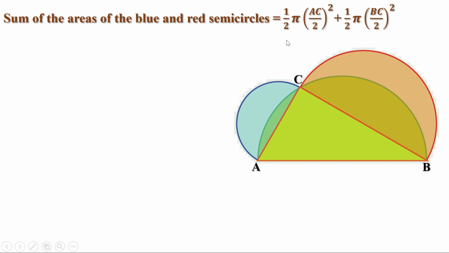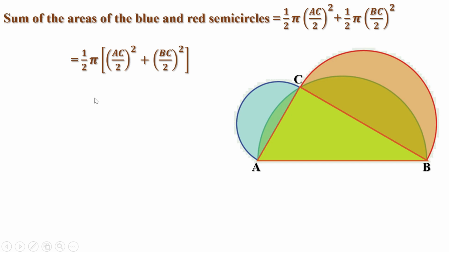And the sum of the areas is half pi into AC by 2 all square plus half pi into BC by 2 all square. Half pi is common in both the terms, so we can take it outside and write it as half pi into AC by 2 all square plus BC by 2 all square. Now, AC by 2 all square is AC square by 4 and BC by 2 all square is BC square by 4.